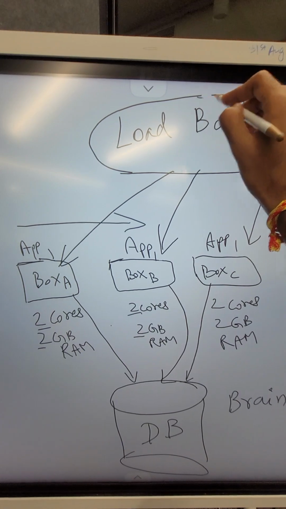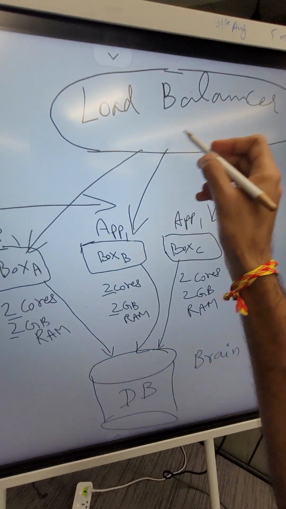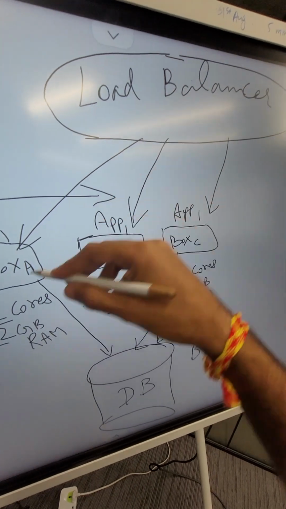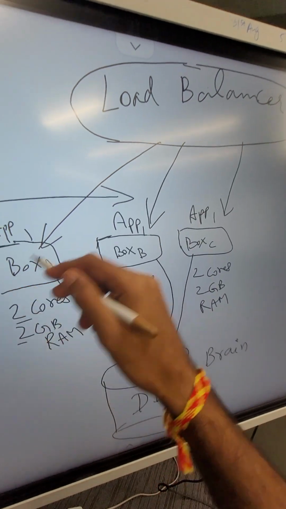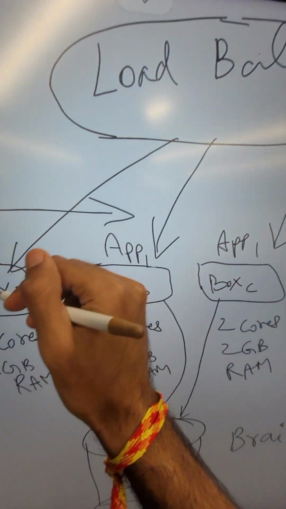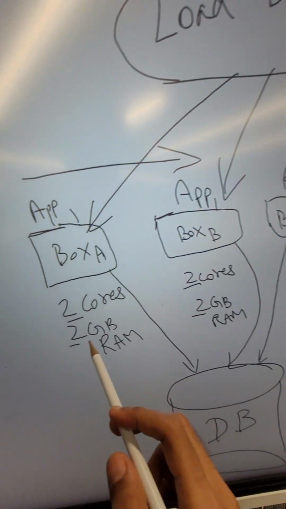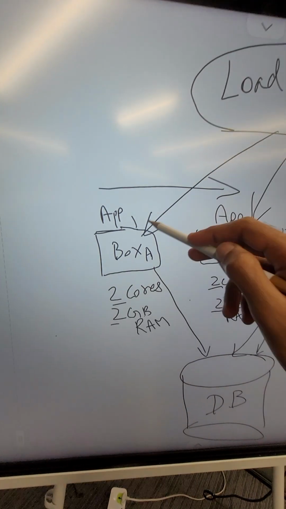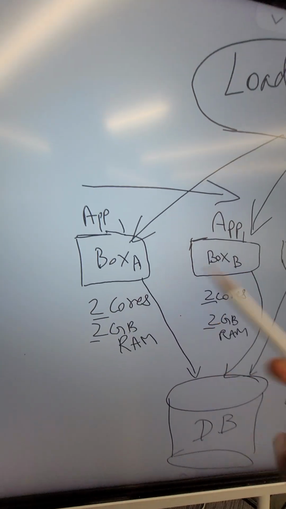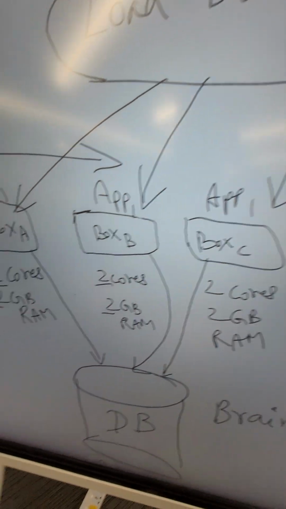Let's say the traffic is coming from here. It gives, let's say, an equal amount of traffic to these, or round robin. The first request goes here, second request, third request, and then the fourth request goes here. Or some sort of weighted approach. For example, if this has more cores, let's say 8 cores, 8 GB of RAM, then this has more weight, so more requests go here and so on. Anyways, you need to have a load balancer.